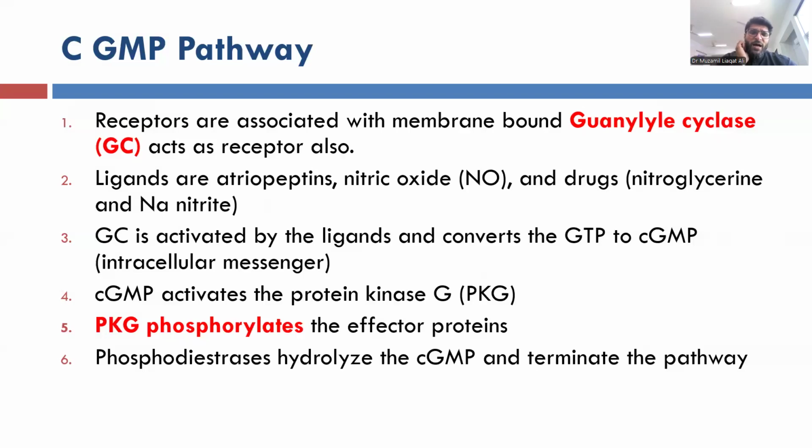Let's talk about some of the details of the IP3. That is water soluble, diffuses into the cytosol and binds to the IP3 gated calcium channels on the endoplasmic reticulum. This causes a rapid release of stored calcium into the cytosol, dramatically raising intracellular calcium levels.